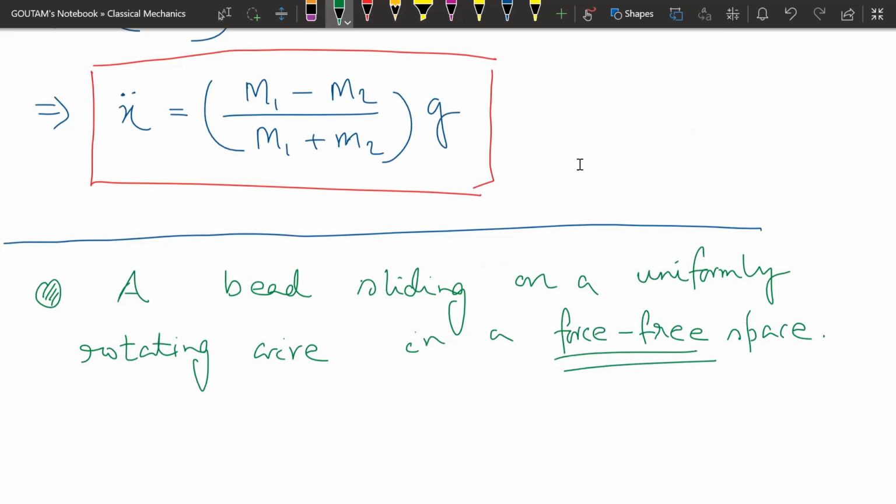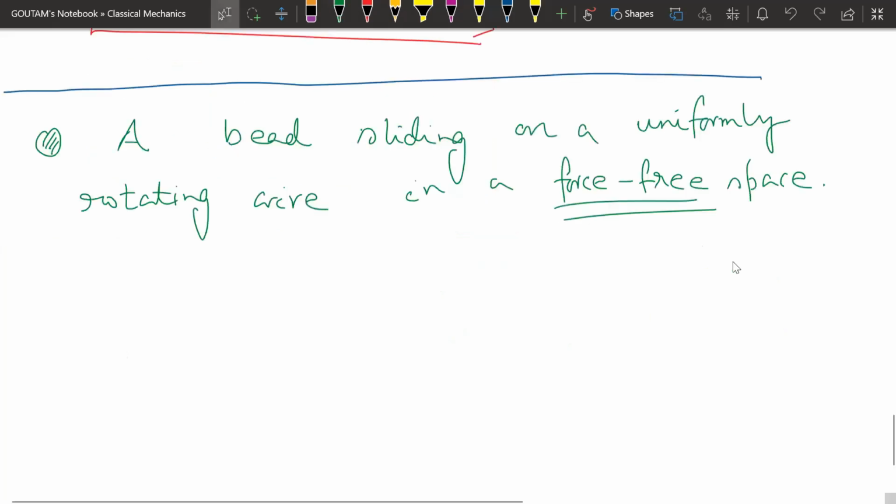So there is no force in the space. If the wire is rotating uniformly and the bead is on the wire, then there will be a constant force, but there will be no other force acting on the bead. That's the meaning of force free space.